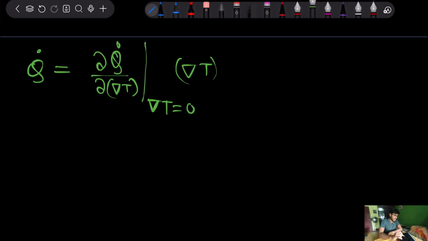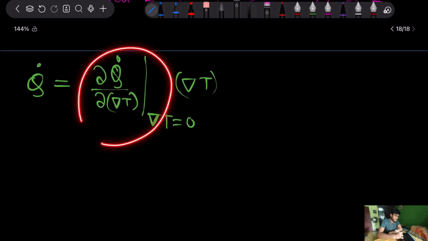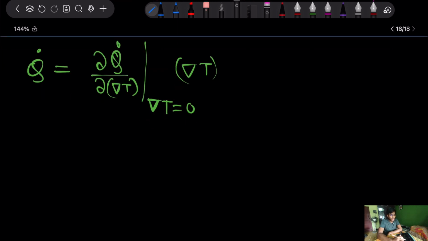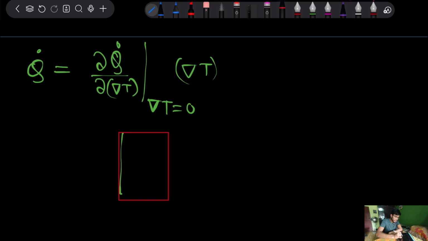So experimentally I have to find this quantity. What type of experiment can you do? You can take a thermal energy reservoir here, and another thermal energy reservoir here, and in between you can put a bar.